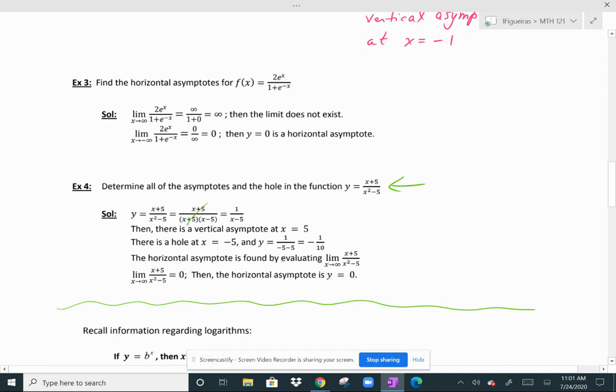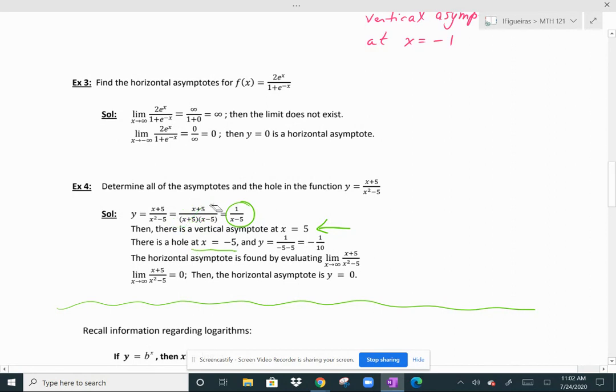Since that is the case, I'm only left with 1 over x minus 5, which means I have a vertical asymptote at the solution of that denominator, which is x equals 5. But I have a hole at the solution for the common factor, which is negative 5.